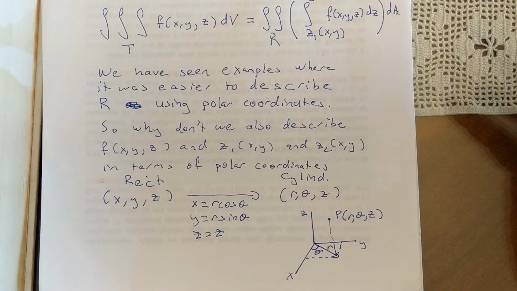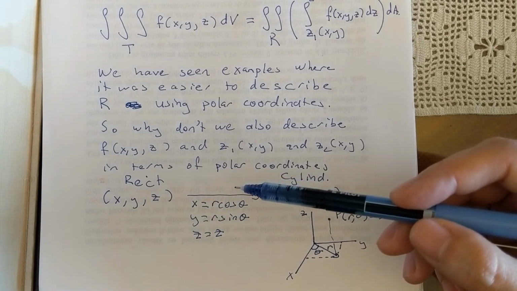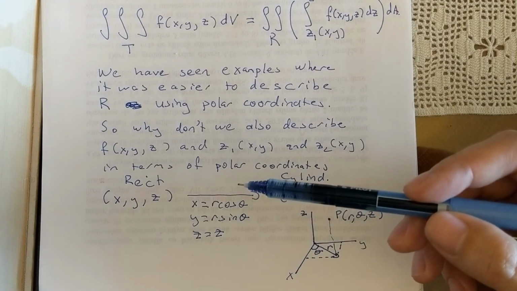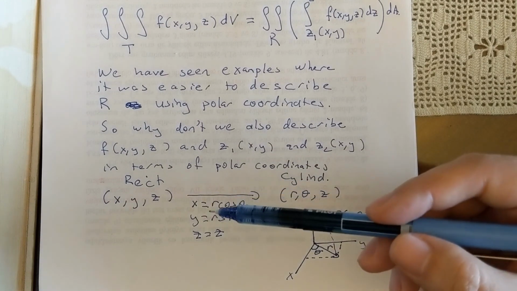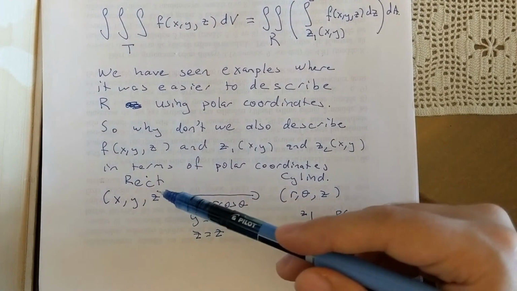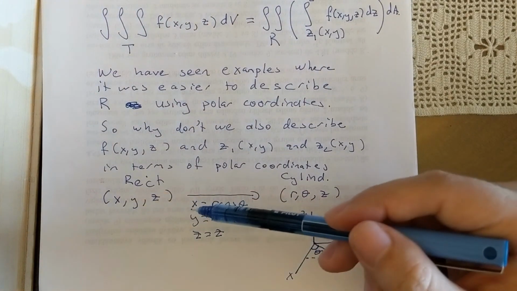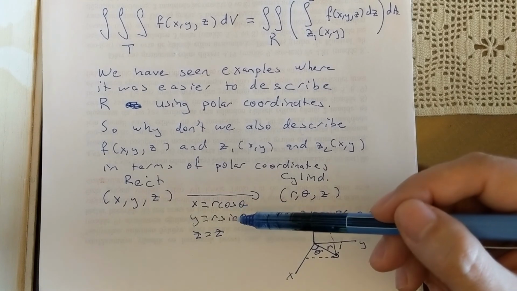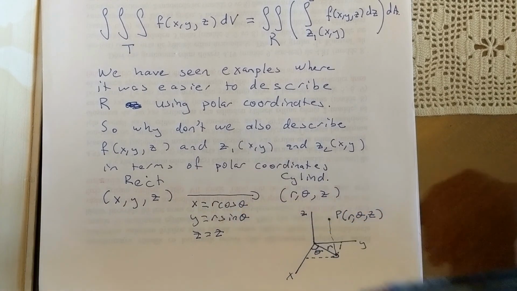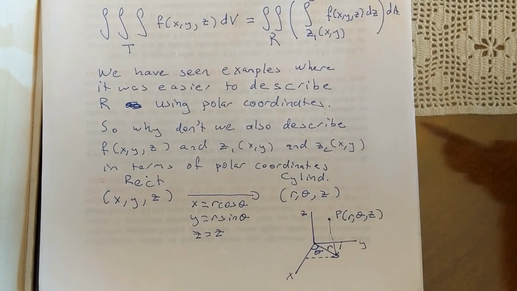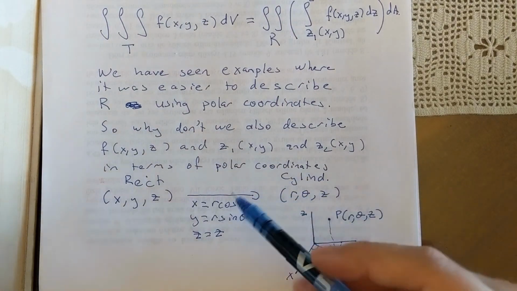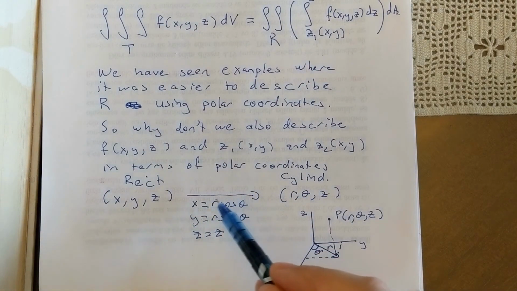This time we want to represent points in three-space, so points with three coordinates x, y, z. These would be the rectangular coordinates, and we want to send them to x equals r cosine theta, y equals r sine theta, and z equals z. Don't mess with the height. Z stays the same. So basically this part of it is just the polar substitution.